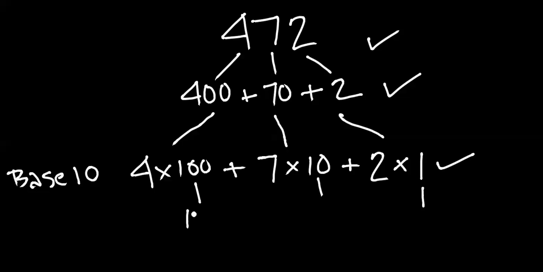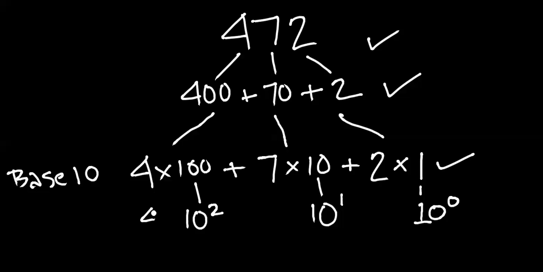100 can also be written as 10 to the power of 2. 10 can be written as 10 to the power of 1. And 1 can be written as 10 to the power of 0.